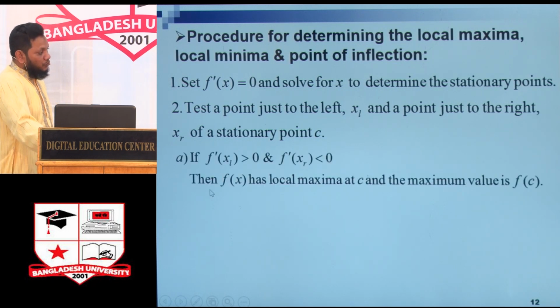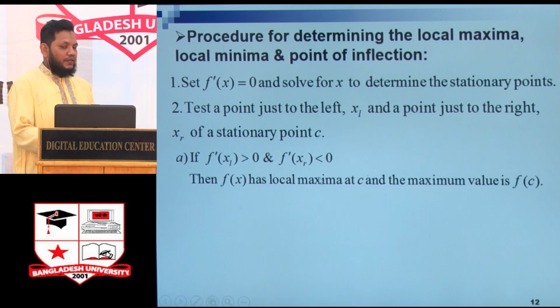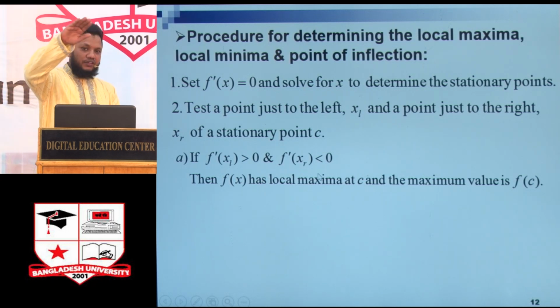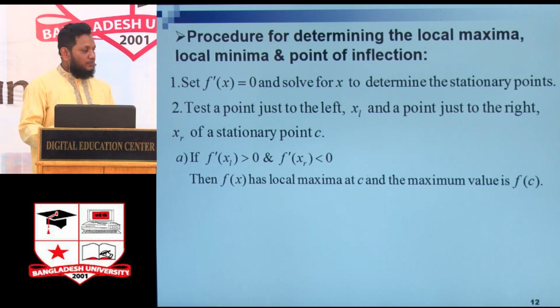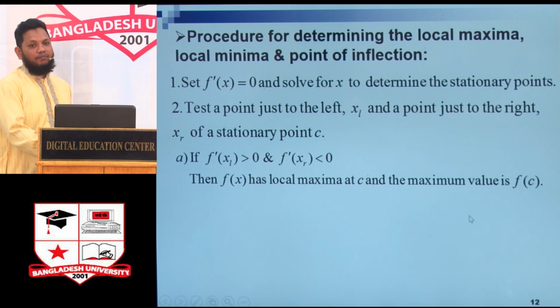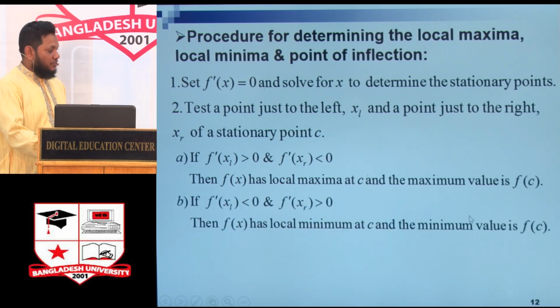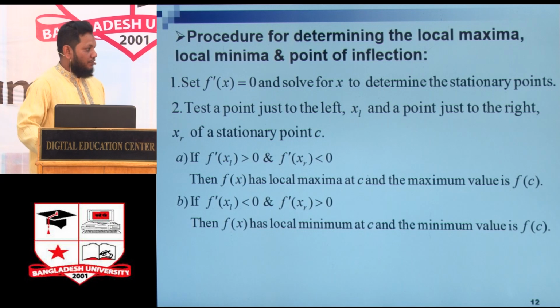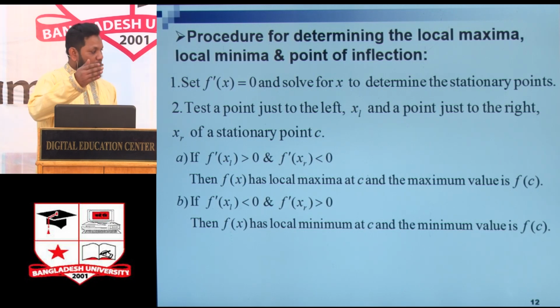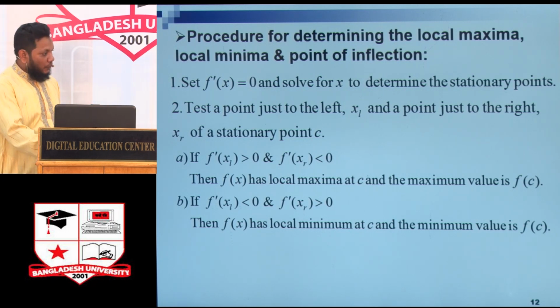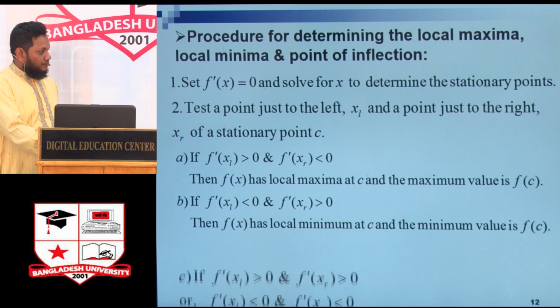And if we get f prime xl greater than 0 and f prime xr less than 0, that is, on the left side this one is increasing, then decreasing, then we get a maximum value. And if we get a stationary point C where f prime xl is less than 0, decreasing, and then increasing, this is known as a minimum value.